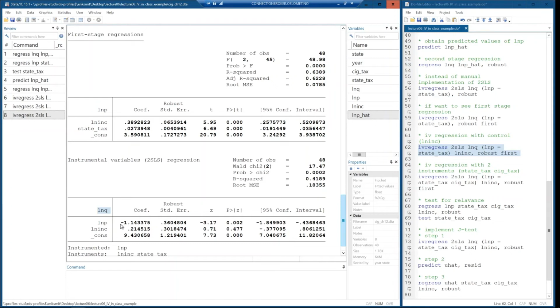This is then our estimate of the causal effect of a change in price on the change in quantity.